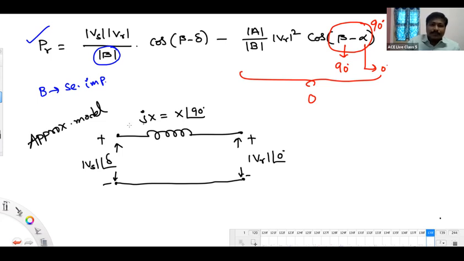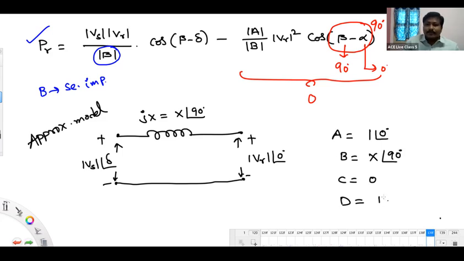For a series impedance Z, it will be: parameter A is 1 at an angle 0 degrees, parameter B is X at an angle 90 degrees, parameter C is 0, parameter D is 1 at an angle 0 degrees. Clear?